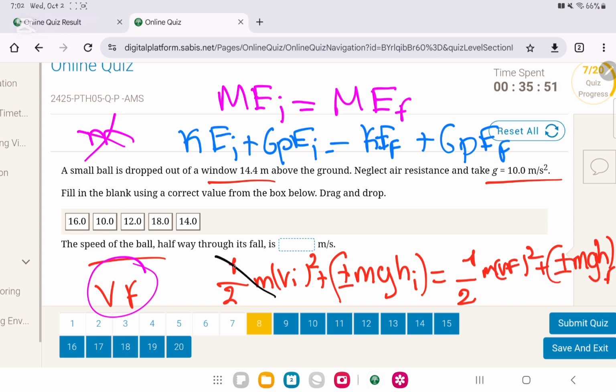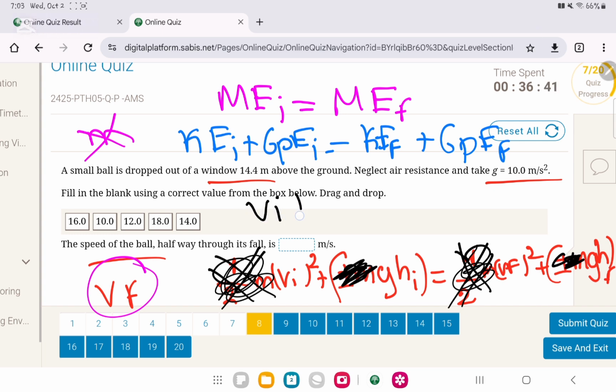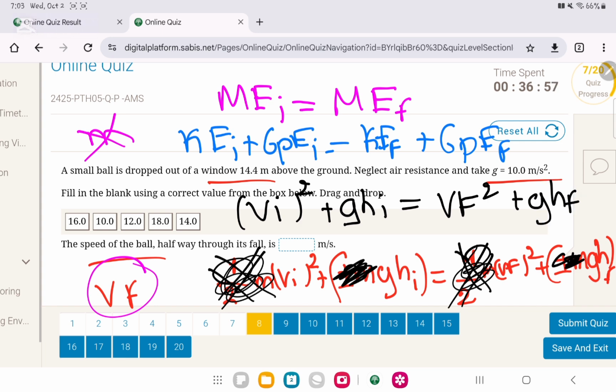You can cancel the mass on both sides, removing the things that are common. So our equation is v initial squared plus g h initial is equal to v final squared plus g h final.